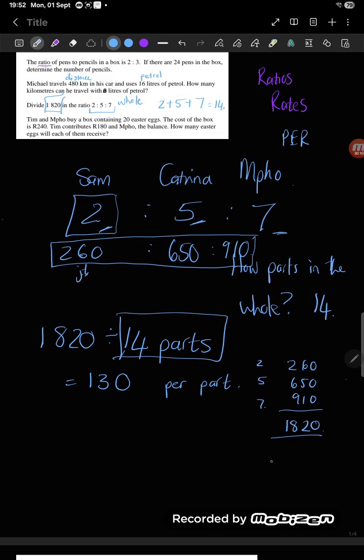And what we talk about the most here is parts. And how much is 1 part? Okay, so we need to do at least 20 exercises in this to really get the knack of this.